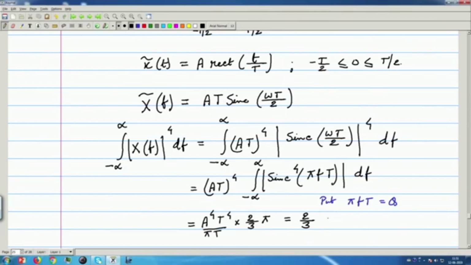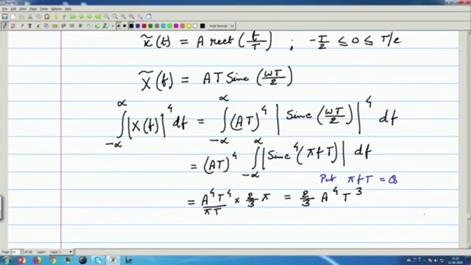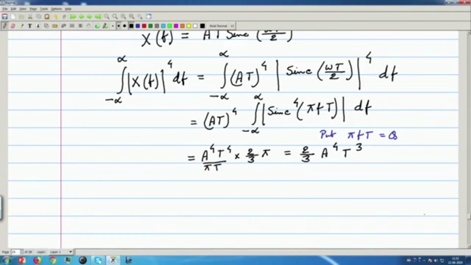So, this will become 2/3 A to the fourth t cube, pi will go. Okay.